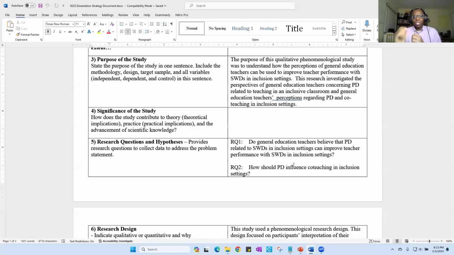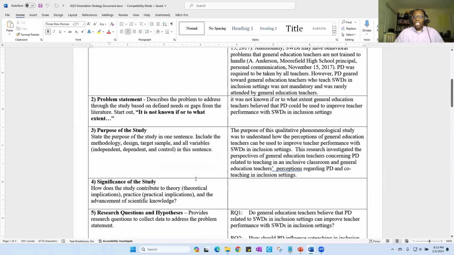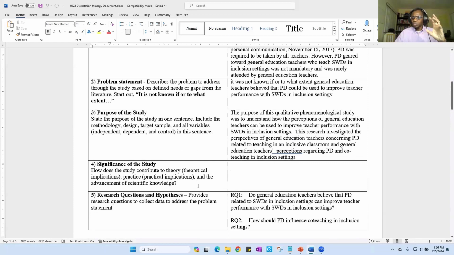Okay. So they're asking, what was your perspective around dealing with the students, but also what are your perceptions around dealing with the additional teacher in your classroom? Should professional development also deal with that issue? Okay. All right. If you feel you have a good gist of the study, type in a one. If you're still murky on the study, type a zero.